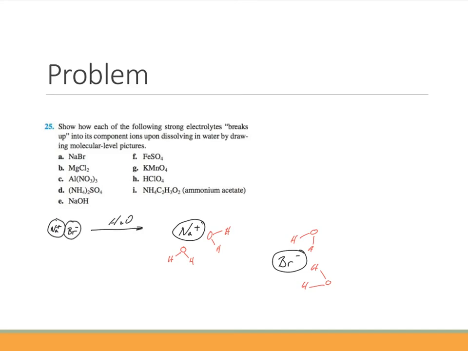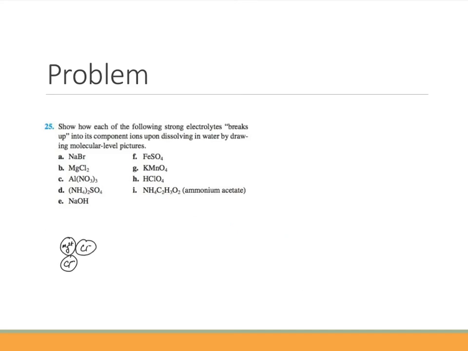So let's try the next one, magnesium chloride. If we draw magnesium chloride as a series of spheres, we have one magnesium 2+ ion and two chlorides. When this dissolves in water, the magnesium ion, which is the cation, will be solvated by the oxygen ends of the water molecule.